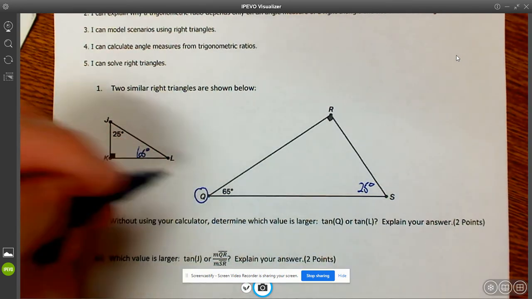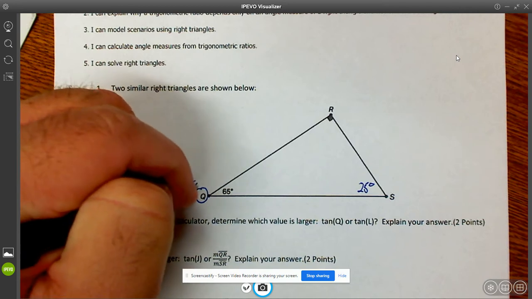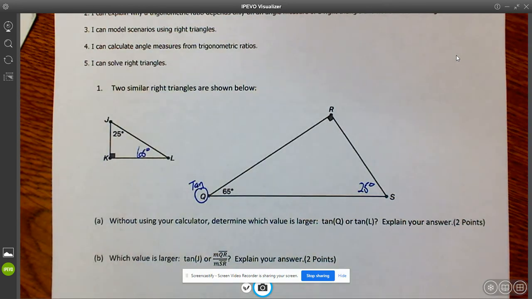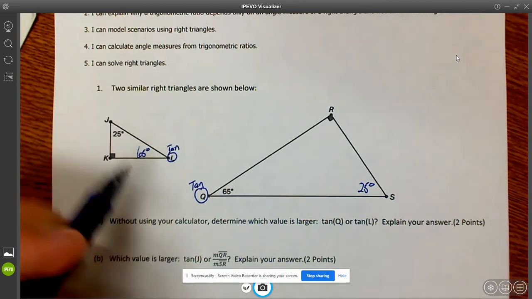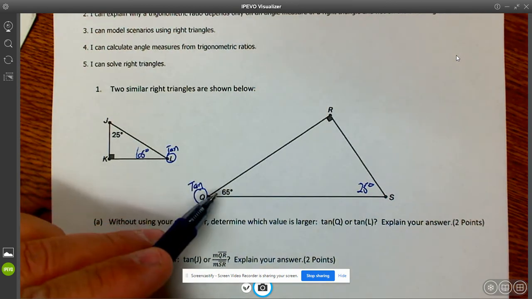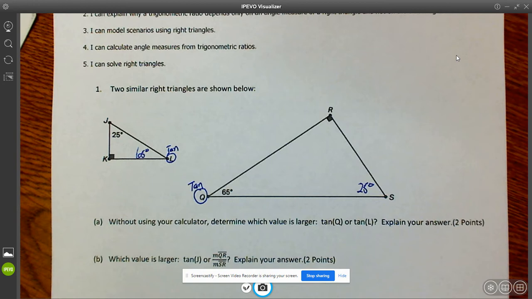Tan of Q, or tangent of L. Well, notice the angles are exactly the same. Okay?